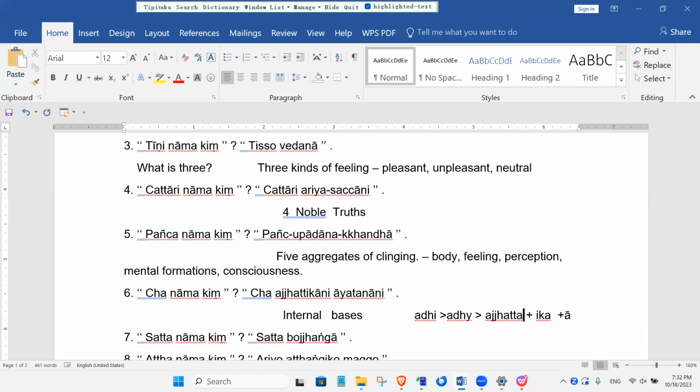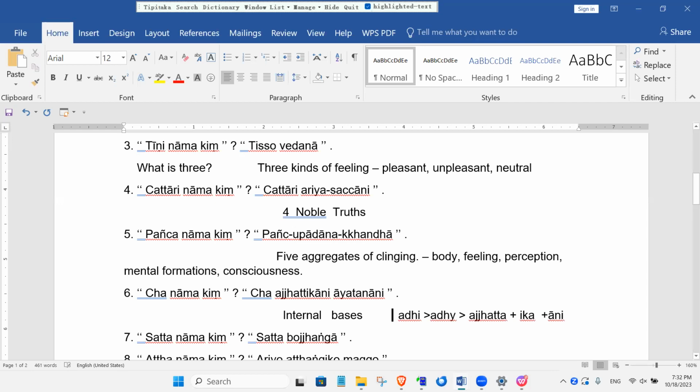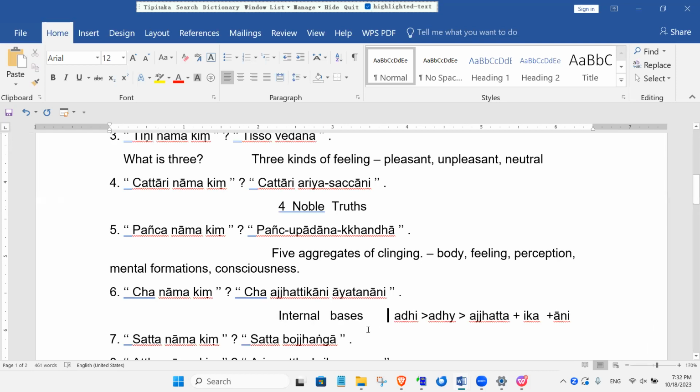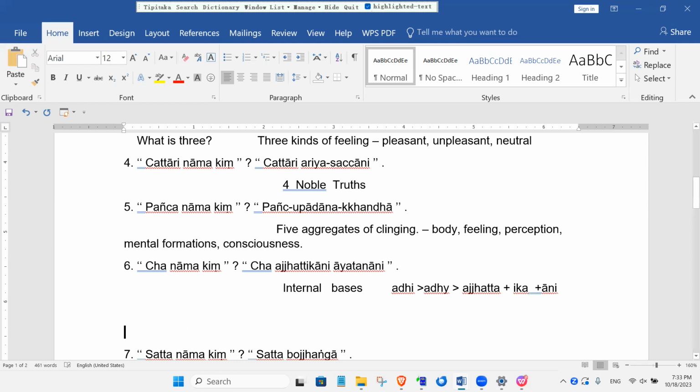But you don't need to write this in the exam, just for your own understanding, all right? So six internal bases. What are they? Eye, ear, nose, tongue, body, and mind.